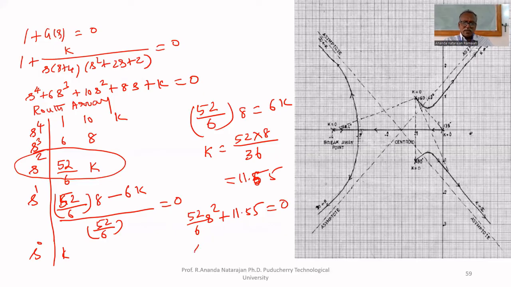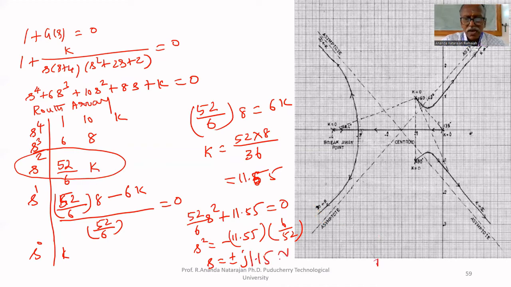Therefore, s square equals minus 11.55 multiplied by 6 by 52, so s equals plus or minus j 1.15, approximately plus or minus j 1.2.